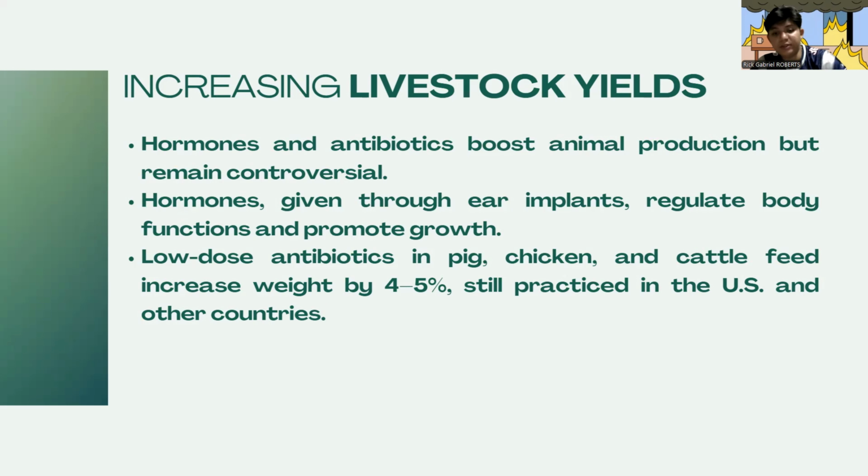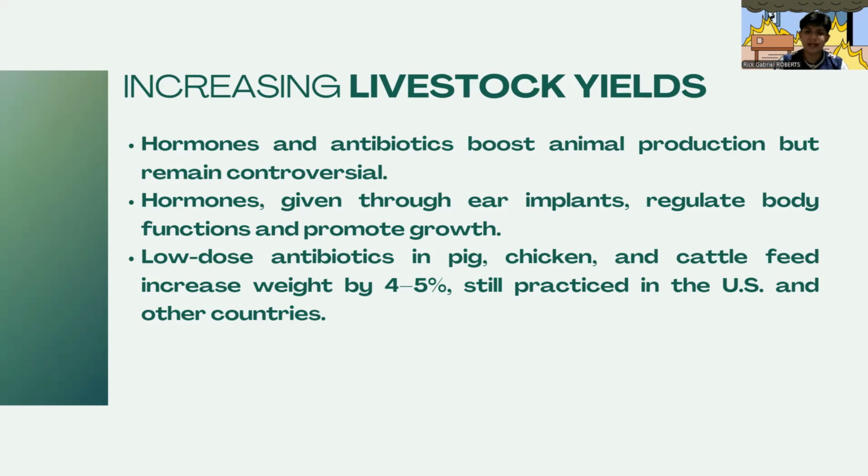These hormones are often administered through ear implants, which slowly release the hormone into the animal's body. By regulating animals' bodily functions, hormones help livestock grow bigger in less time, which increases meat production.